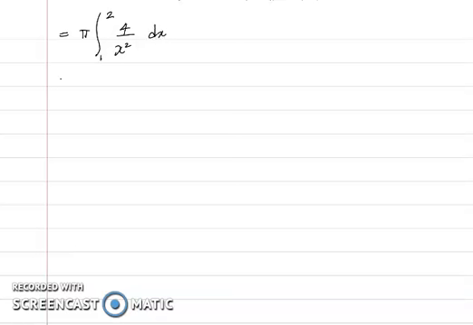Let's pull out the 4. So we have 4 pi, the integral of 1 over x squared, which becomes x to the minus 2 dx, from 1 to 2. When we integrate, increase the power by 1, so it becomes minus 1, and divide by the new power, minus 1.